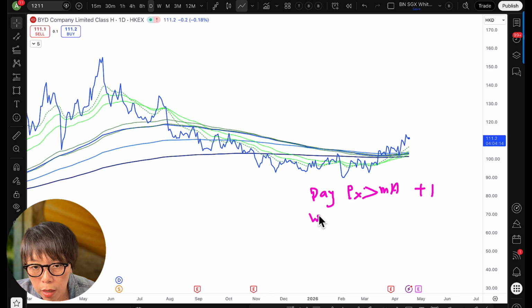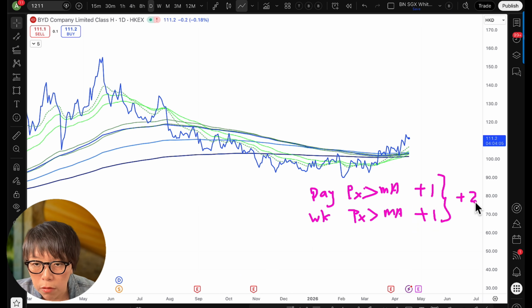So when I have the week, and I know that the price is above the MA, I give a score of 1. And that means that these would get a score of 2. By giving a scoring system, it lets me know the strength of this price movement. That means both the two time frames are aligned and both are above the moving average.